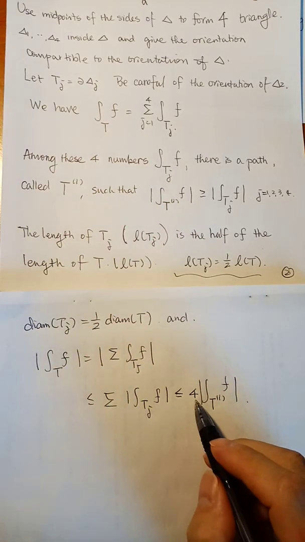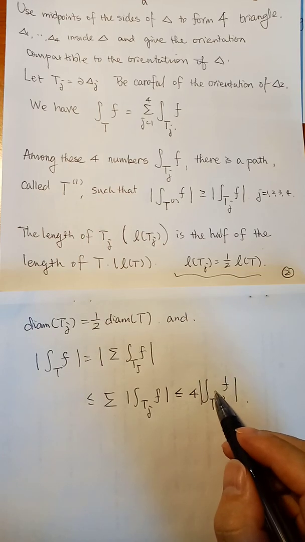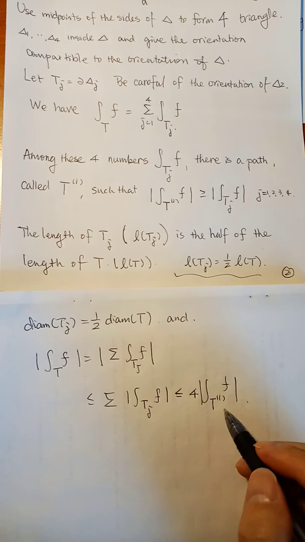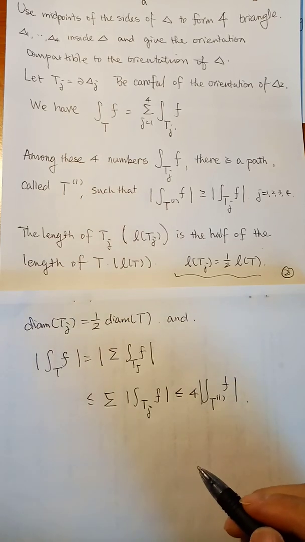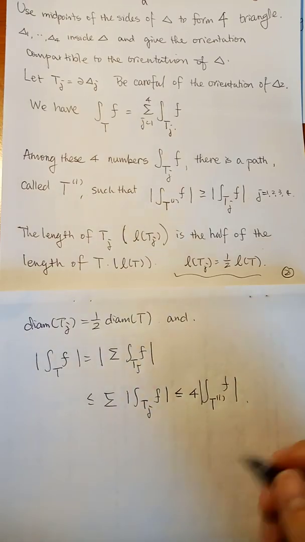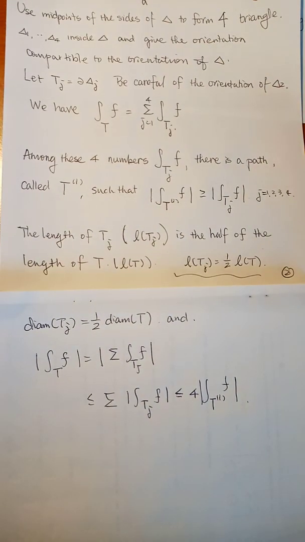So it's less than 4 times the absolute value of the integral of f along T super 1. This T super 1 could be T sub 1, T sub 2, or T sub 4. It doesn't matter. We just use this symbol notation.